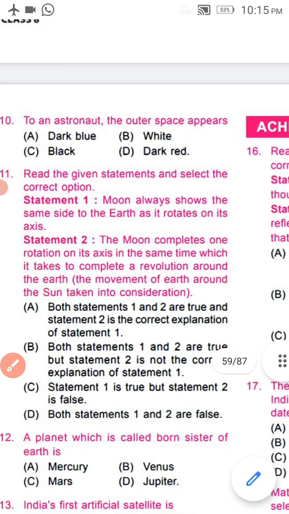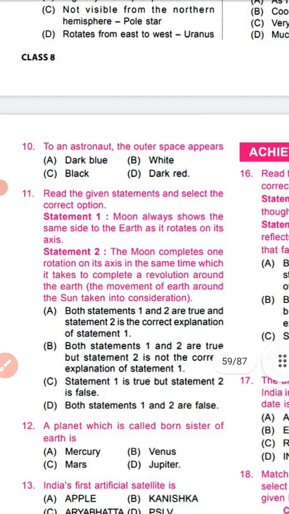Come to question number 11. Read the given statements and select the correct option. Statement 1. The Moon always shows the same side to the Earth as it rotates on its axis. Statement 2. The Moon completes one rotation on its axis in the same time it takes to complete a revolution around the Earth.